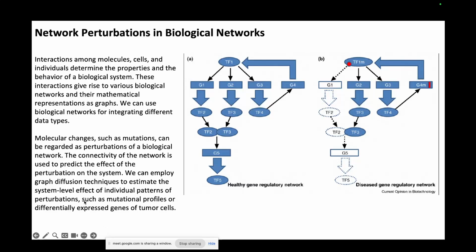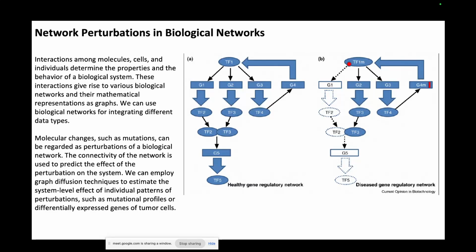Interactions among molecules, cells, and individuals determine the properties and the behavior of the biological system. These interactions give rise to various biological networks and their mathematical representation as graphs. We can use biological networks for integrating different data types. As we have talked about in earlier classes, we can have different types of these networks: gene regulatory networks, protein-protein interaction networks, gene-protein networks, gene-disease networks, whatever.